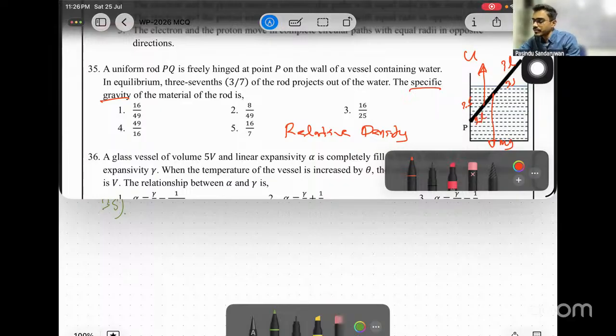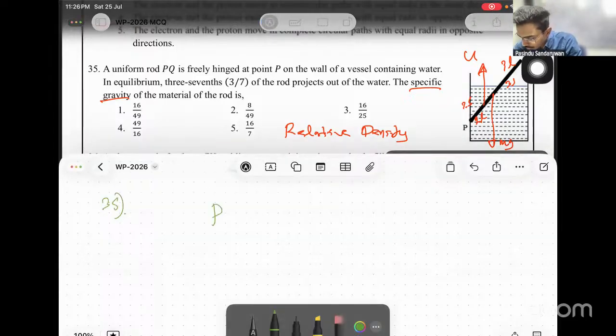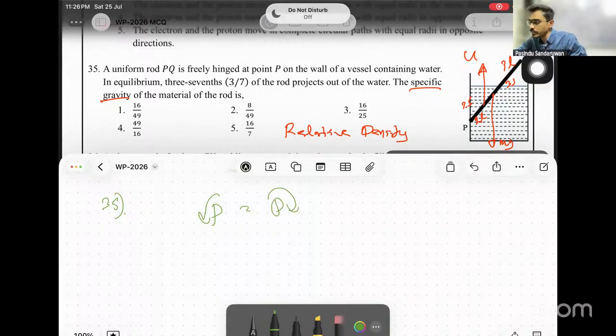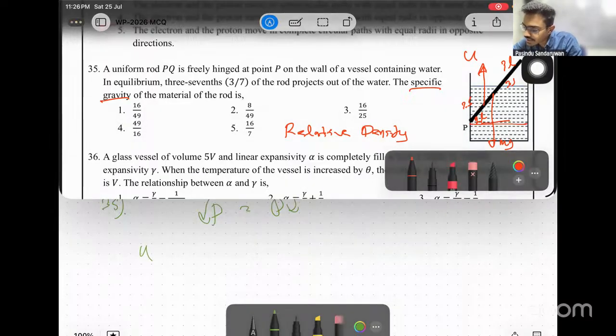Now about point P, we can write a force moment. Then the leftward moment is by U. Let's assume this angle as theta for these moments.